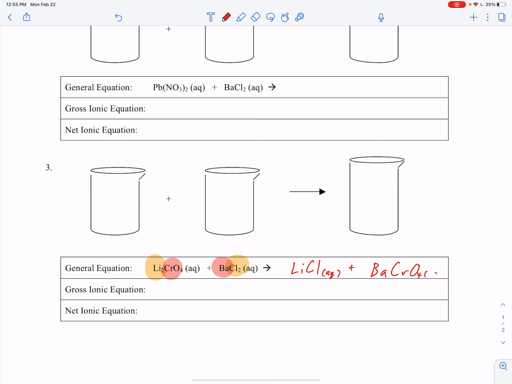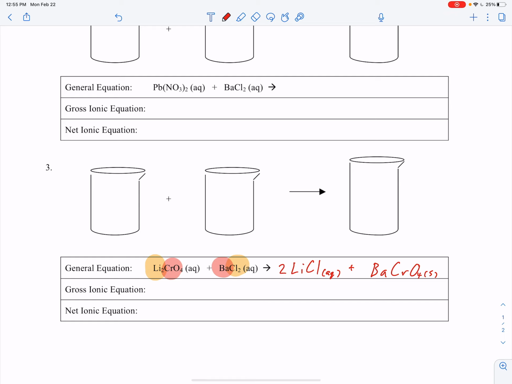And then we have to consult solubility rules to determine what state of matter that's in. Well, the state of matter for this one is solid, as you might have guessed. Chromates are often insoluble. There are some exceptions, but barium is not one of them. So we've got an equation now. We haven't balanced it yet. We should go ahead and balance it.